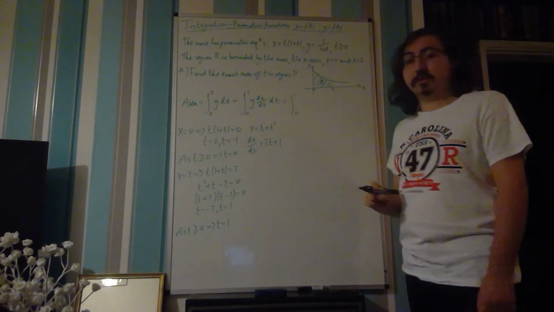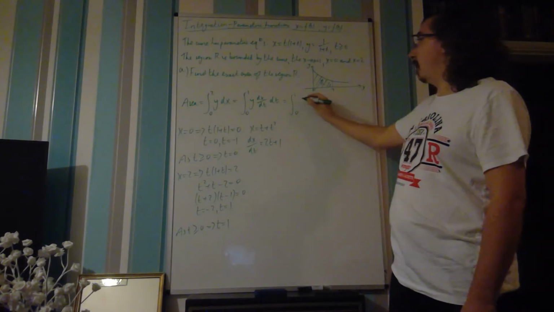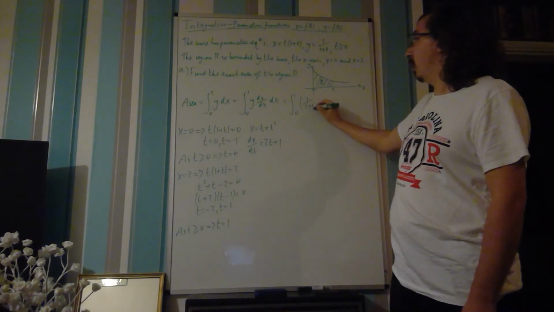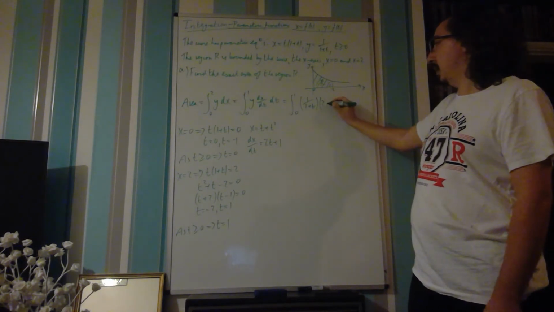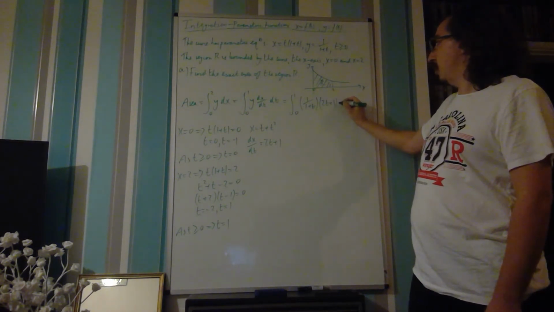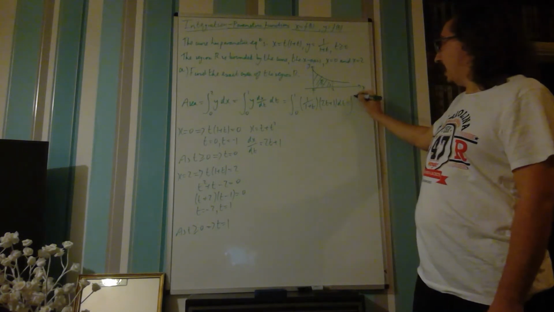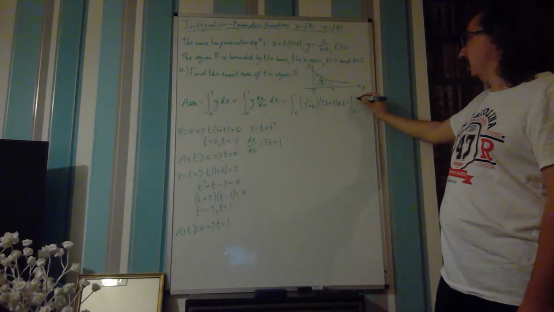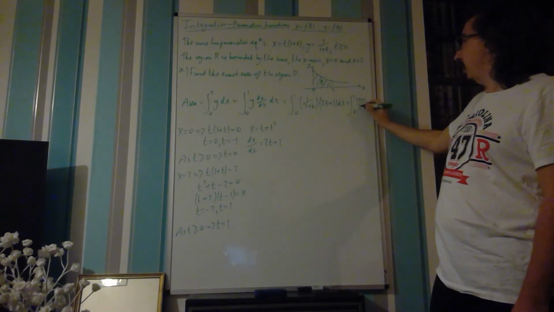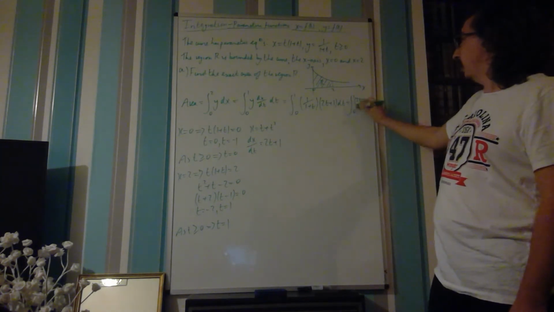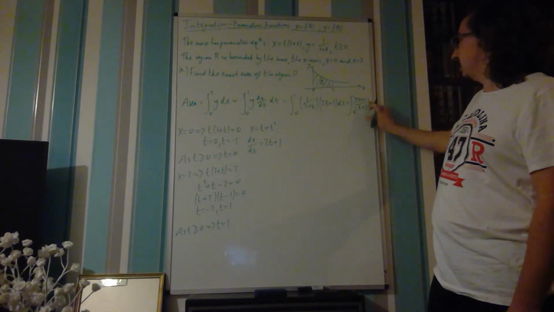So between our limits of 0 and 1, we have our y, which is 1 over (1 plus t), times our dx by dt, 2t plus 1, which actually we can bring together to say that we have (2t plus 1) over (t plus 1), which we're going to integrate with respect to t.